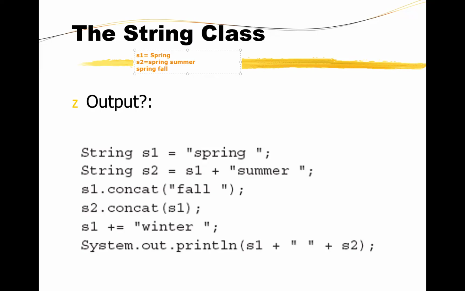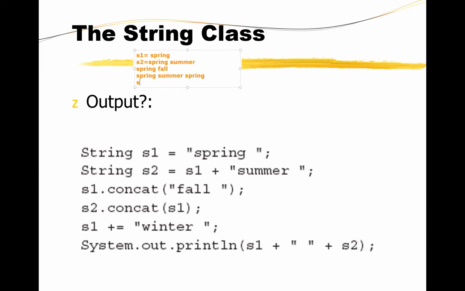And then s2.concat s1: s2 means spring summer, concat s1, spring summer spring. This s2.concat s1 also creates an object with no reference, and then it says s1 equals s1 plus winter.